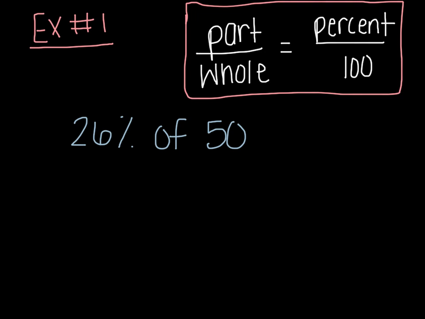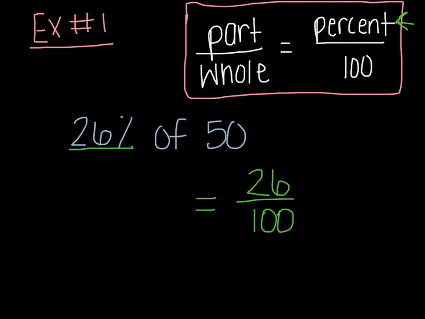So we have 26% of 50. So here's my percent, and I'm just going to fill in all that I have in this proportion. So my percent goes at the top of my second part. So I see 26 goes over 100 because I see percent over 100, and I have 26% in this problem.